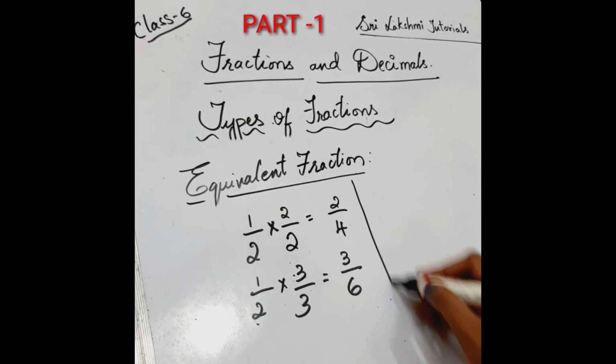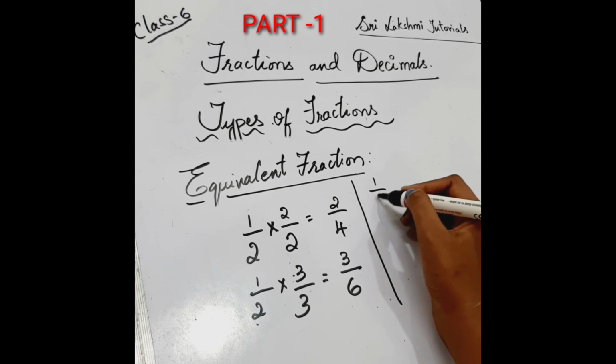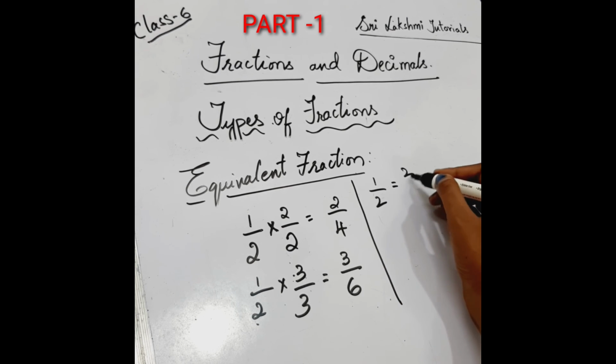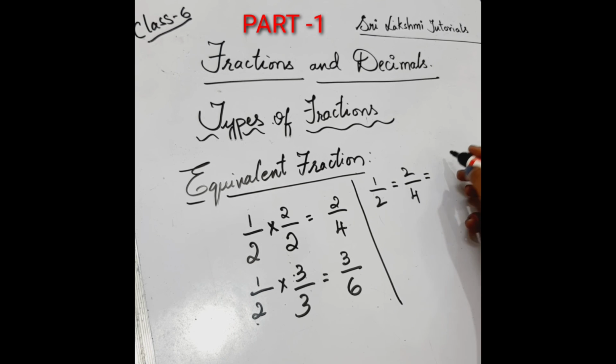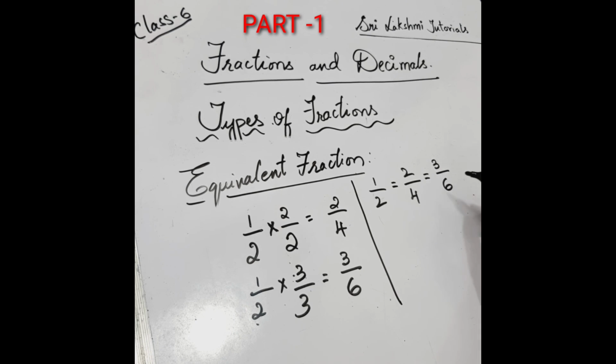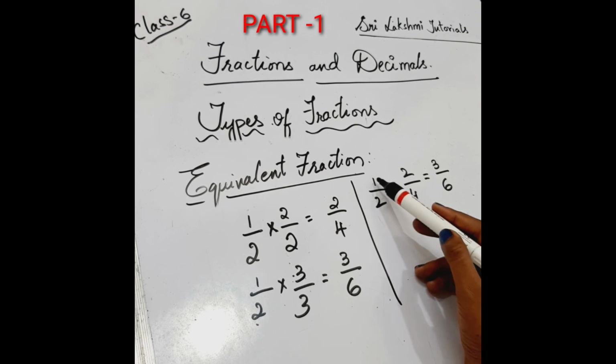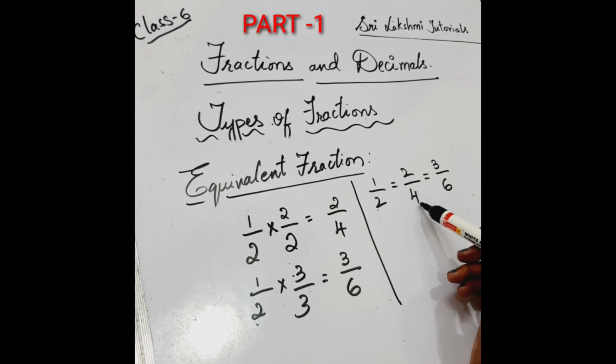So equivalent fractions are: 1 by 2 is equal to 2 by 4, and 2 by 4 is also equal to 3 by 6. Understood, children? Now 1 by 2 is equivalent to 2 by 4, and this 2 by 4 is equivalent to 3 by 6.